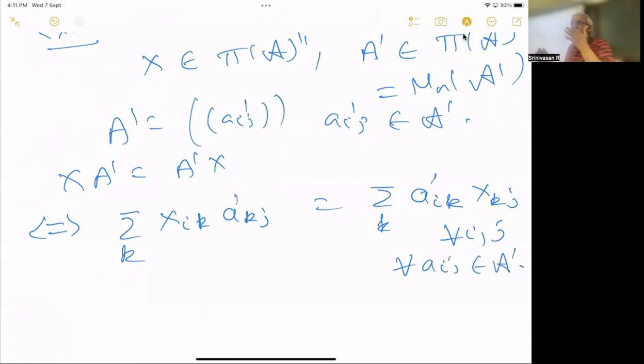That's what it means. You can take any a_kj and you can take any i, j.